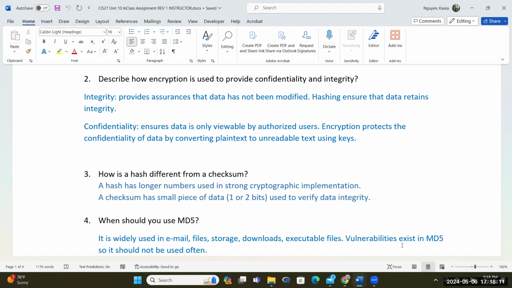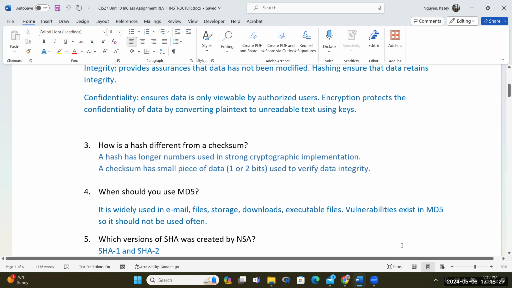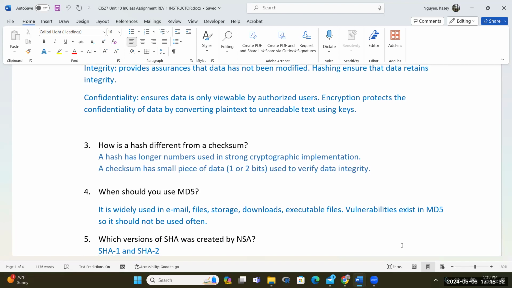So it really depends on the context that we're using checksum for. Now, for hash, we learned that there are many different hash algorithms, including MD5, Message Digest 5, right?